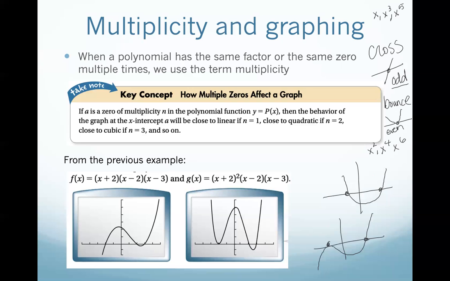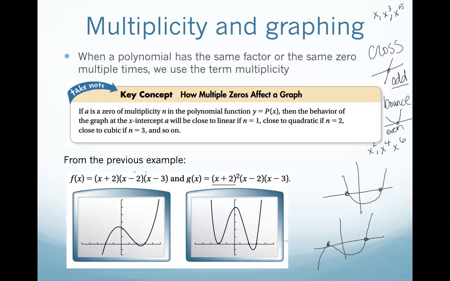Okay, so what does multiplicity mean? Multiplicity means how many times a factor is repeated, or how many times a 0 value is repeated within a polynomial. If we look at the polynomials from the past example, just look up in your notebook, we can see that the only difference between f of x and g of x is the number of times x plus 2 is a factor.